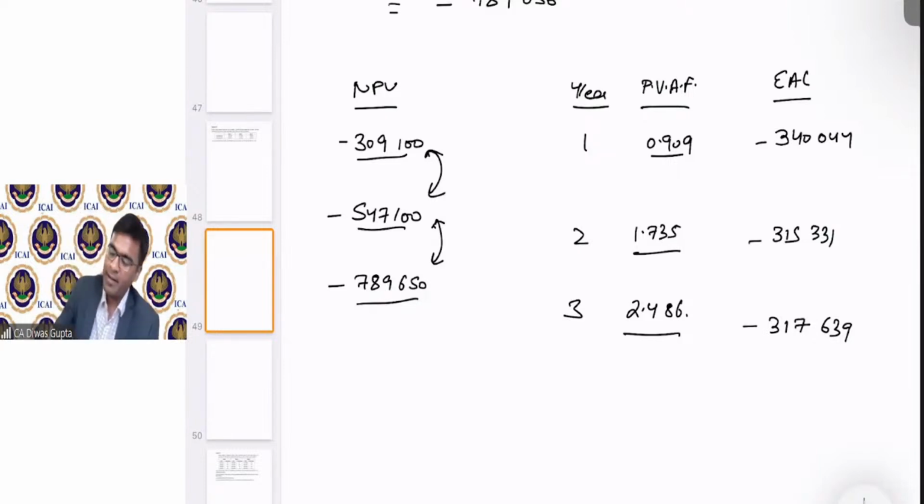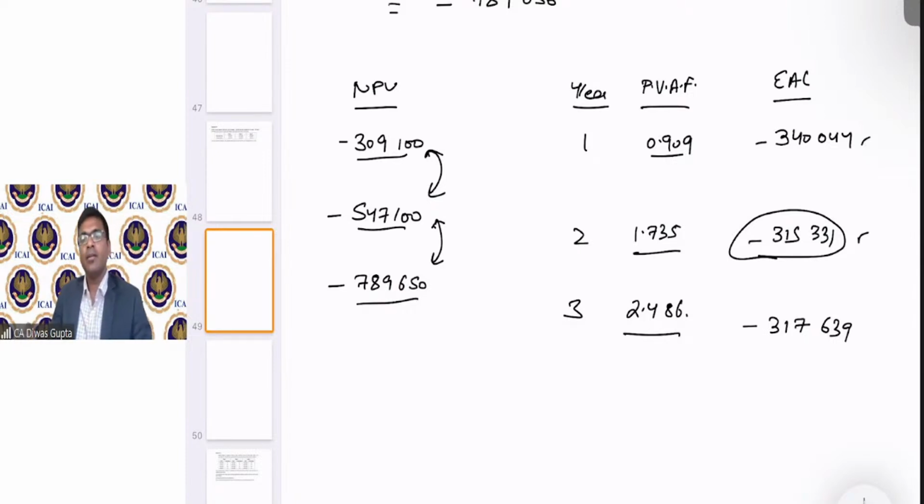Since EAC is coming lowest for year two, hence it is best to keep this taxi for 2 years, because on an annual basis, the cost will be lowest. If you keep only for 1 year, then the annual cost will be 340. Here it will be 315 and here it will be 317.